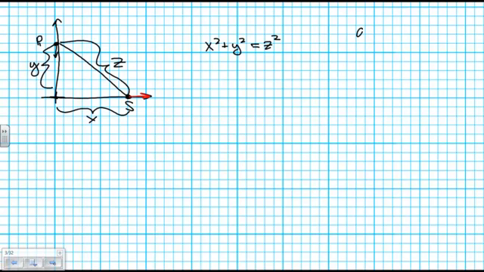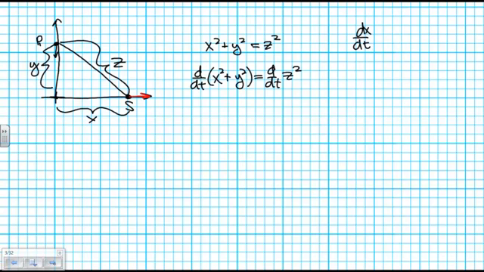So my question is, how can we find dx/dt? Well, I know that from this equation, I can create a dx/dt by taking the derivative of both sides with respect to t. So let's do that. Let's take the derivative of both sides of this equation with respect to t.